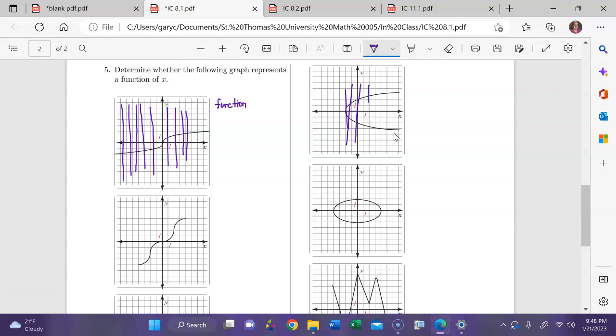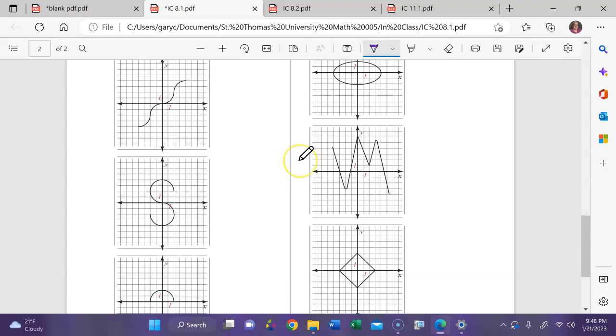The first time I cross more than once is enough. I don't have to keep testing after that. The moment I cross more than one time, it stops being a function and becomes just a relation. It is only a relation, not a relation that happens to be a function.